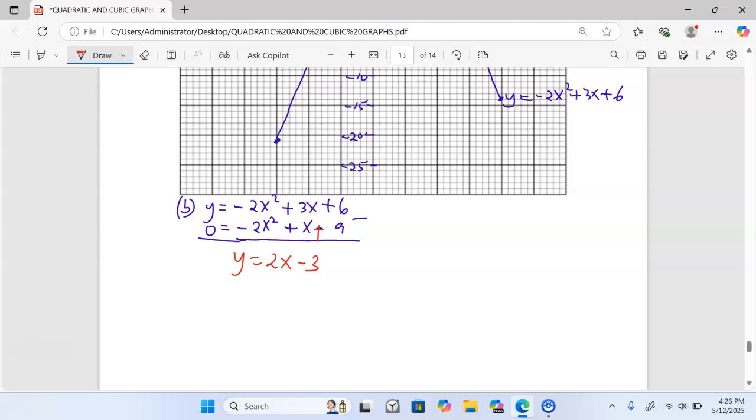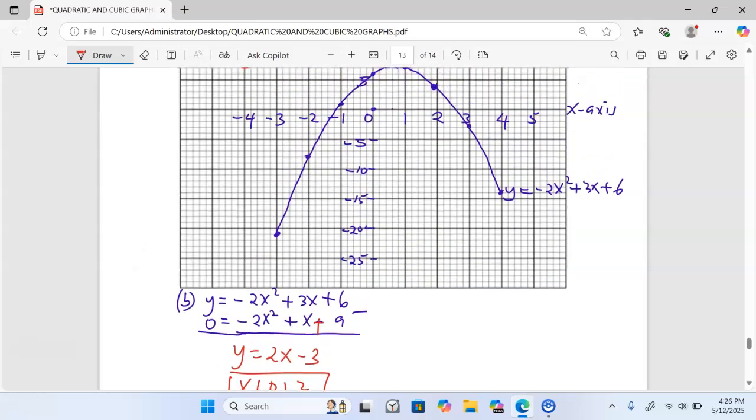From there now we are going to make a table having x and y. From here we are going to have 0. The y is going to be negative 3. 2 is going to give us 1. And this is what we are going to use to draw our point.